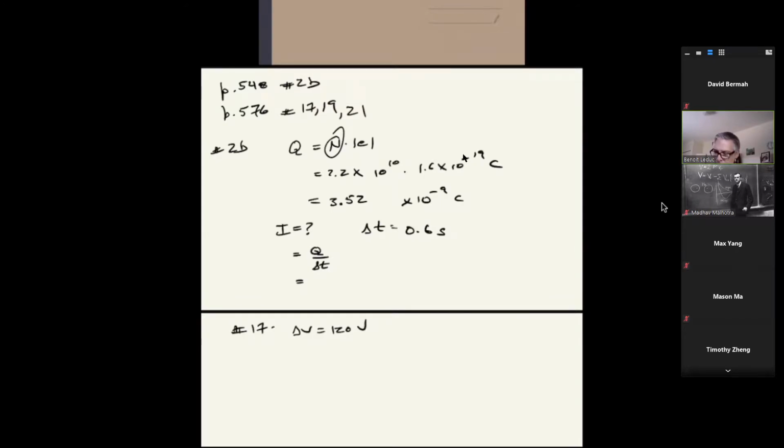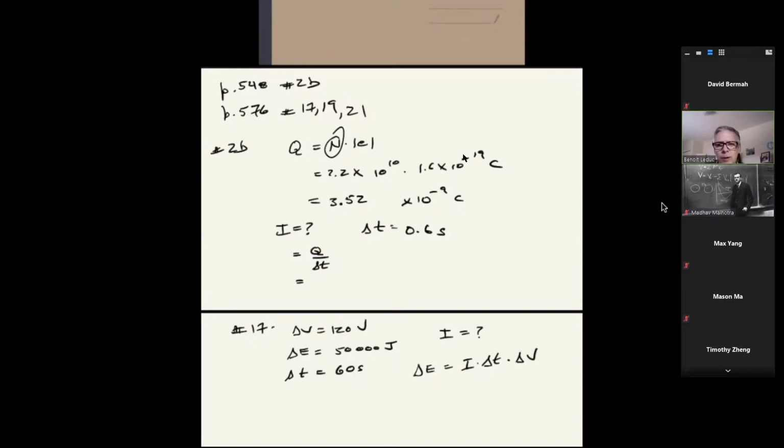You know how much energy, 50,000 joule. You know the time, 60 seconds. And what you're looking for is this, right? Well, you just use this formula here, I equals Q over delta t, and W equals Q times delta V, and you've got everything.